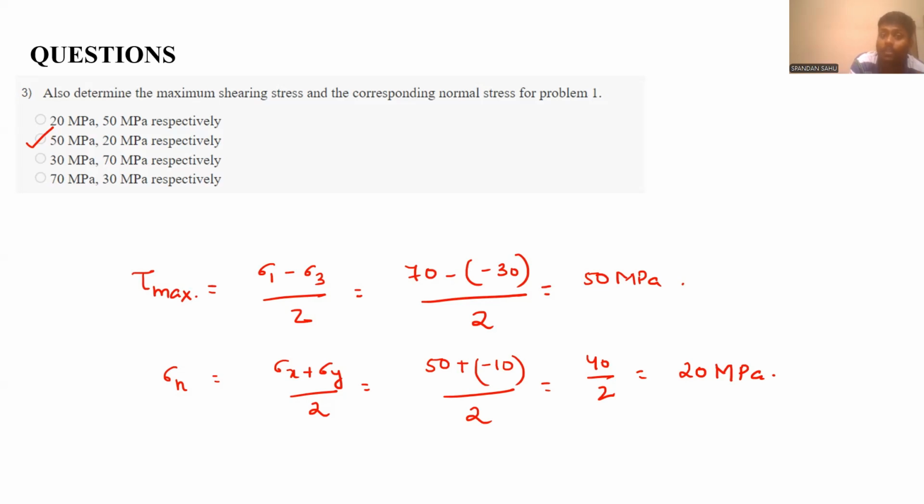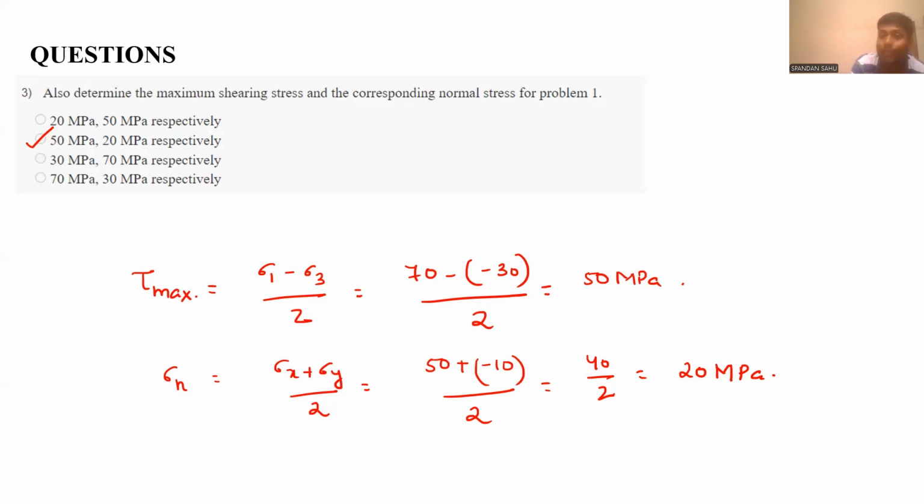In the third question, they are asking to determine the maximum shearing stress and the corresponding normal stress for that given scenario only.